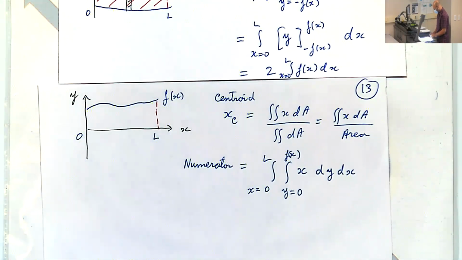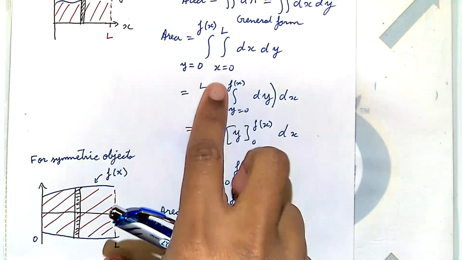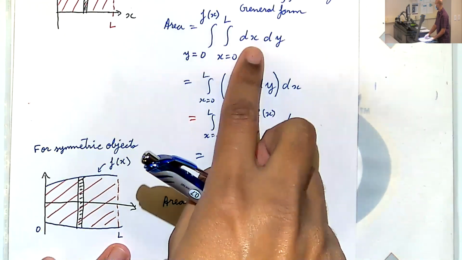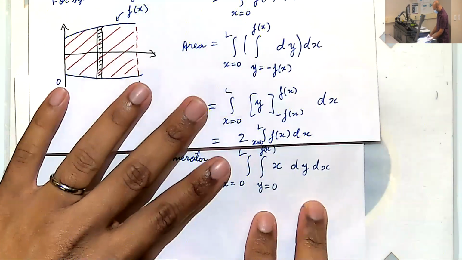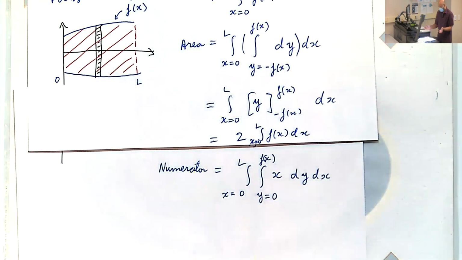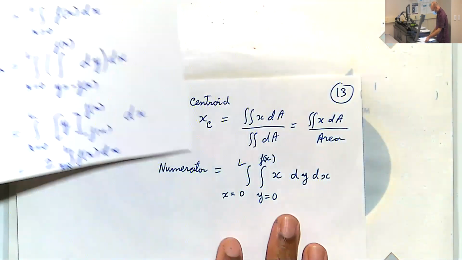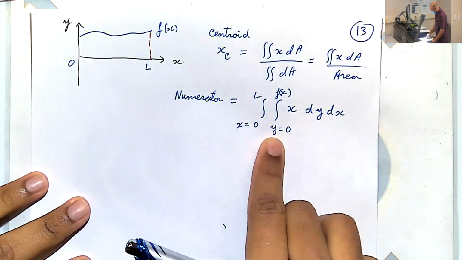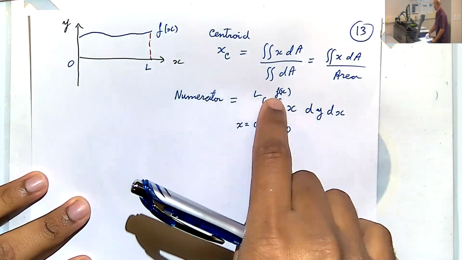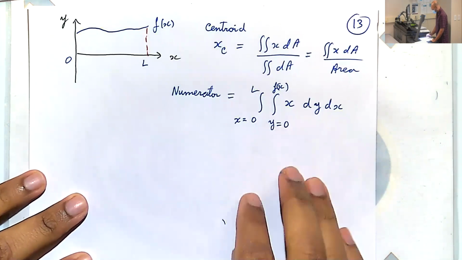Okay. So look, it's very similar to computing the area, but now we have an extra term. Instead of a constant 1, we have a variable x. But it doesn't matter. We just do the integration as always. Again, since this y limit depends on x, we have to integrate in y first.